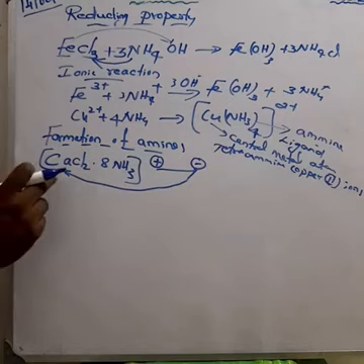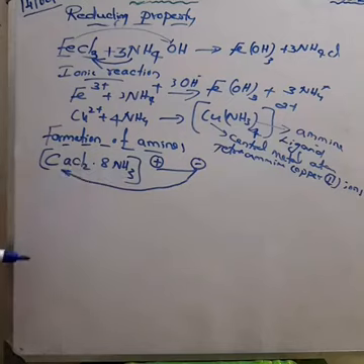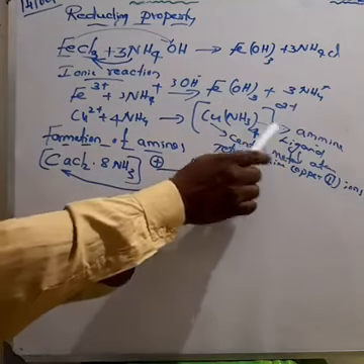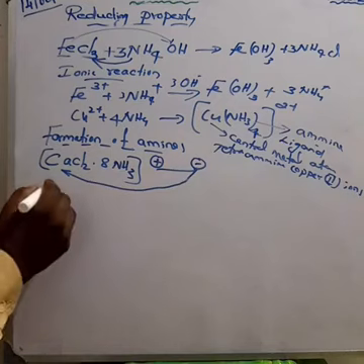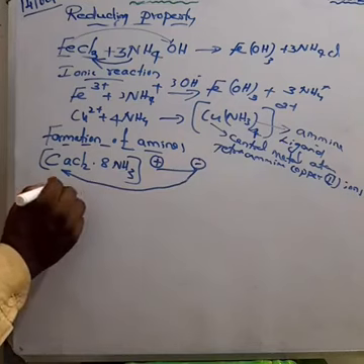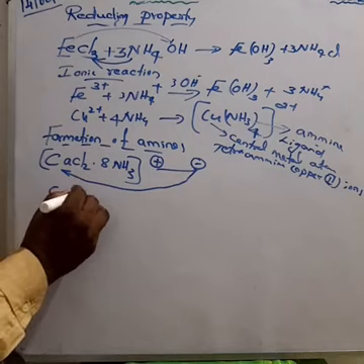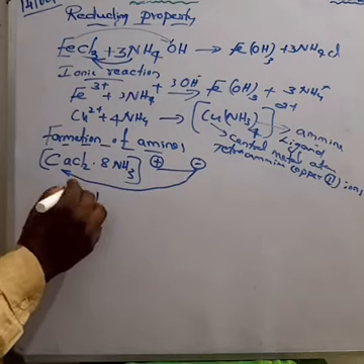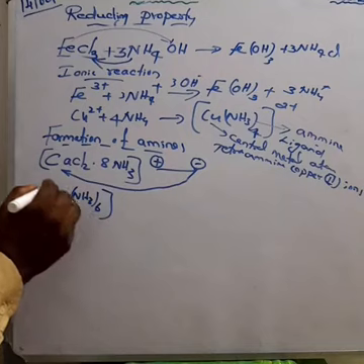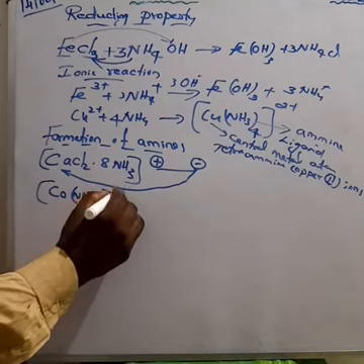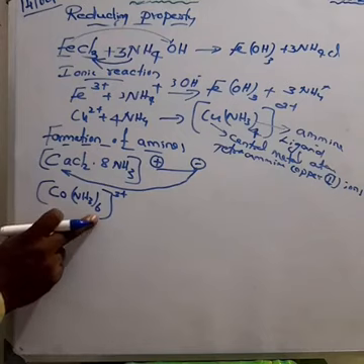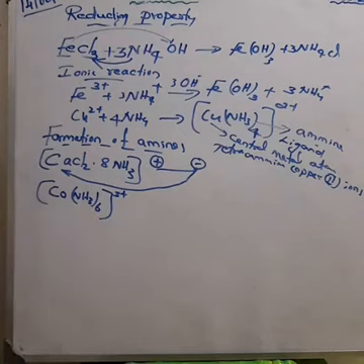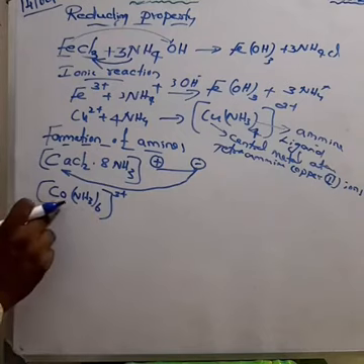Here, one of the important points, ammonia acts as a ligand. I told you about the ligand. Ligand is enclosed in a square bracket. For example, Cu(NH3)4 2 plus ions. Here, NH3 acts as a ligand. The coordination compounds, I am taking another example, Co(NH3)6 3 plus.